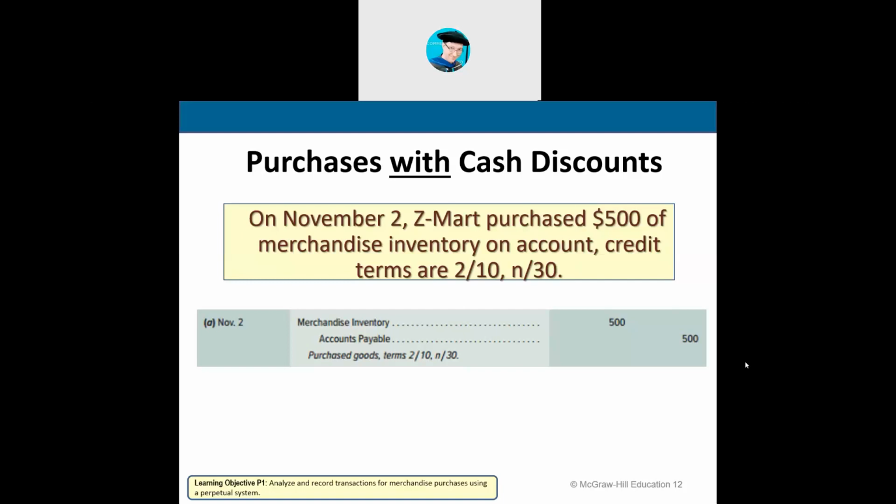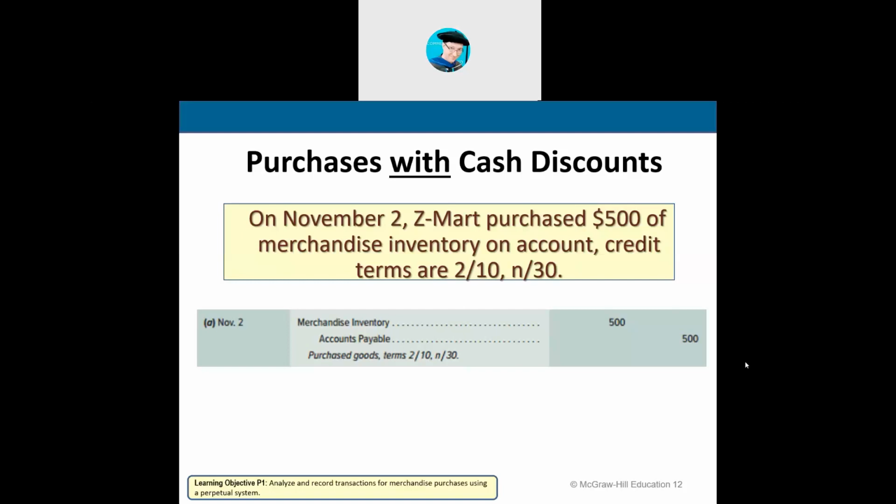2 over 10. What that means is if I pay the invoice that I got from my vendor within the first 10 days, I will receive a 2% discount. Okay?